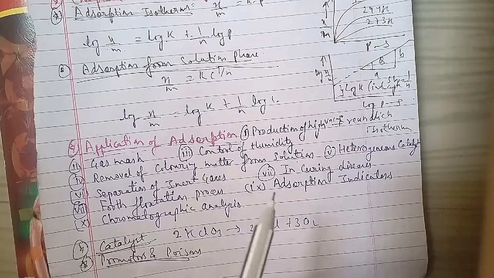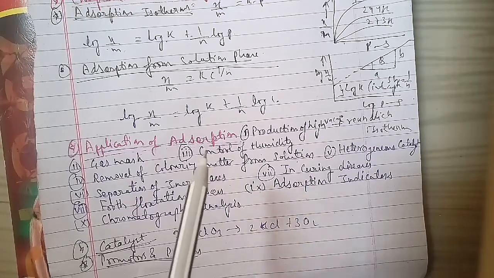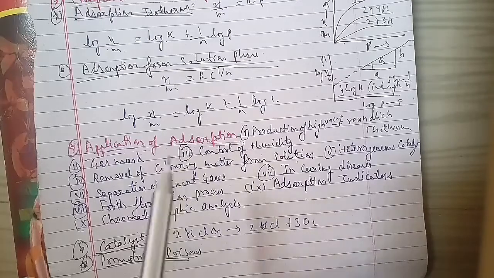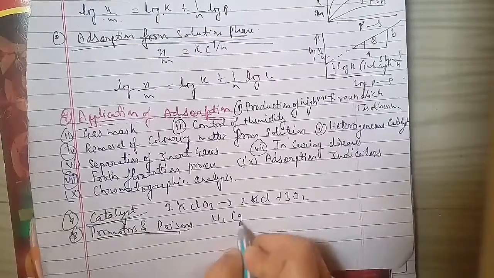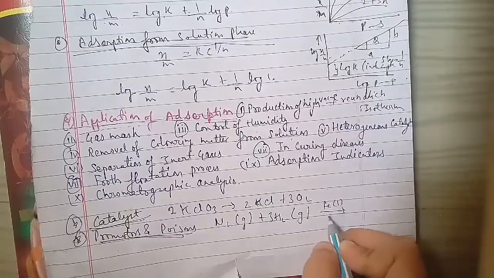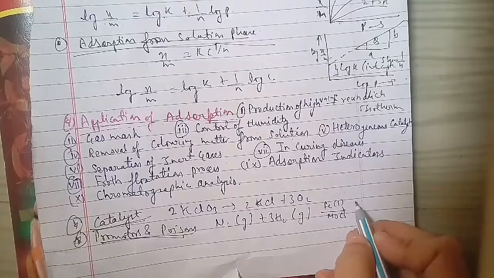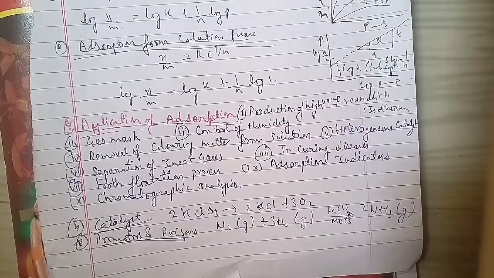Catalysis can be broadly divided into two groups: homogeneous and heterogeneous. First we'll discuss the homogeneous catalyst.